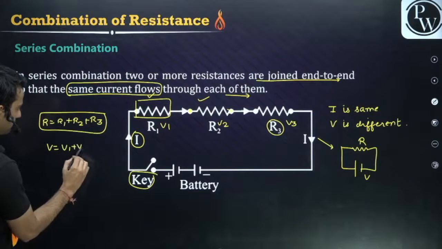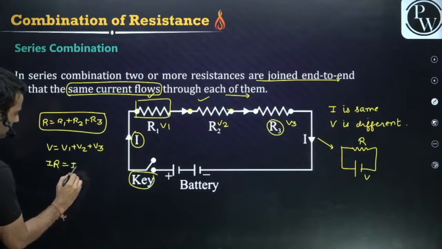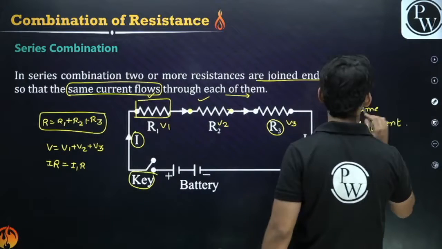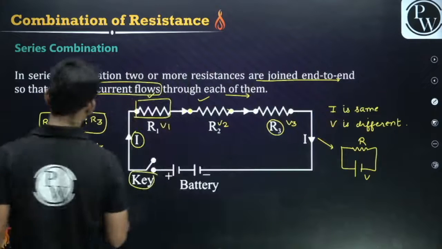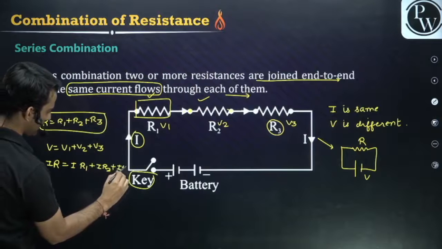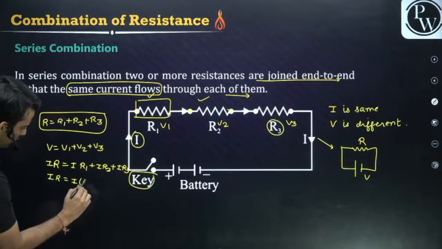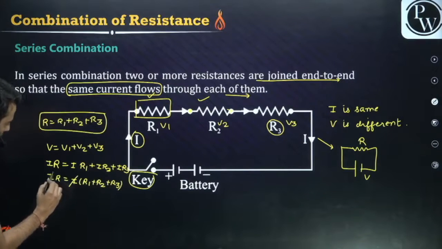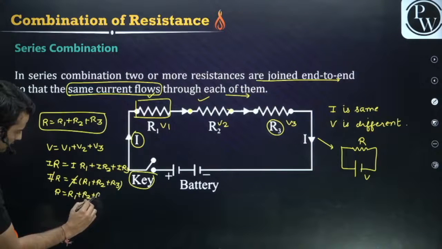It is V1 plus V2 plus V3. V is I into R. It is I into R1, I into R2, I into R3. So if you take I as common, it would be R1 plus R2 plus R3. I is cancelled. So R would be R1 plus R2 plus R3.